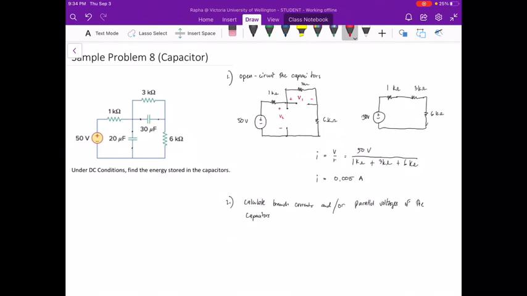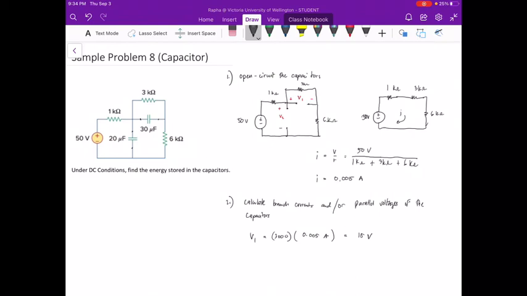So for V1, the resistor that is in parallel to this voltage is 3000 ohms or 3 kilo ohms, and the current I that we've solved here is 0.005 amperes. That leaves us V1 as 15 volts.